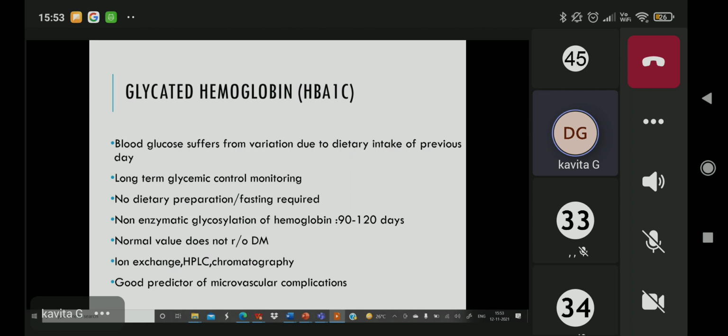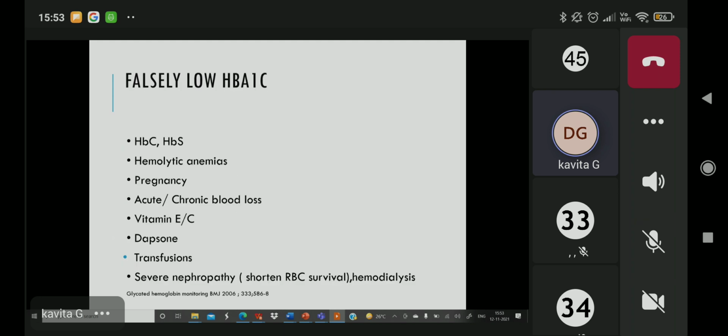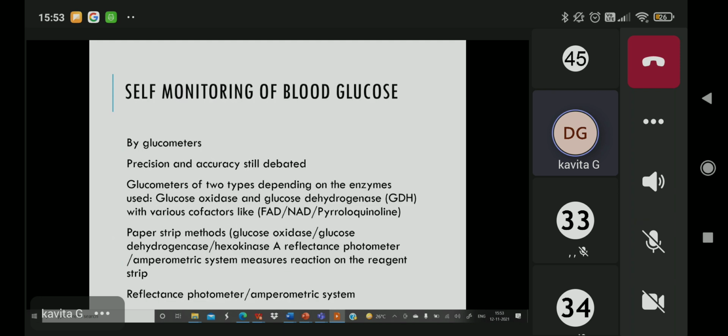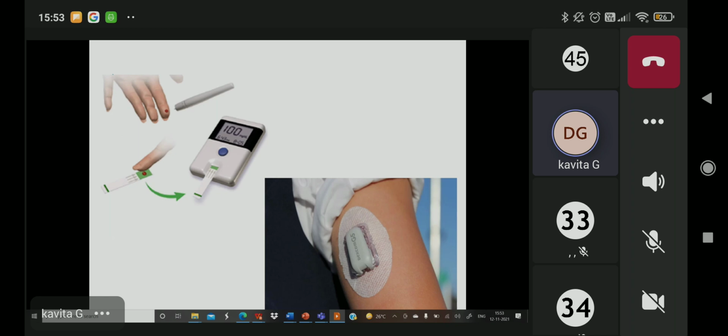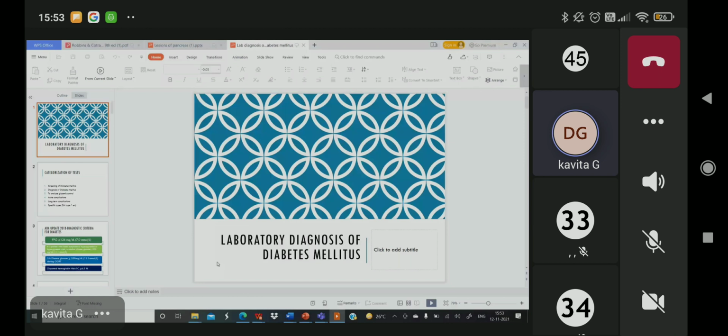I've already told you HbA1c is based on HPLC. I've already told you the peak also, the P3 peak. And there is self-monitoring: blood glucose is done through glucometers. In the exam, you will just have to list the names.